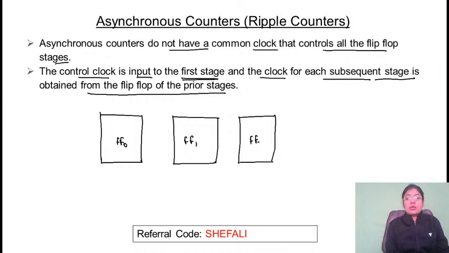Let's take JK flip flop, JK, J1, K1, J2, K2. These are the inputs. Some inputs are taken. Let's assume that these inputs are 1. अभी के लिए हम inputs को consider नहीं करें.